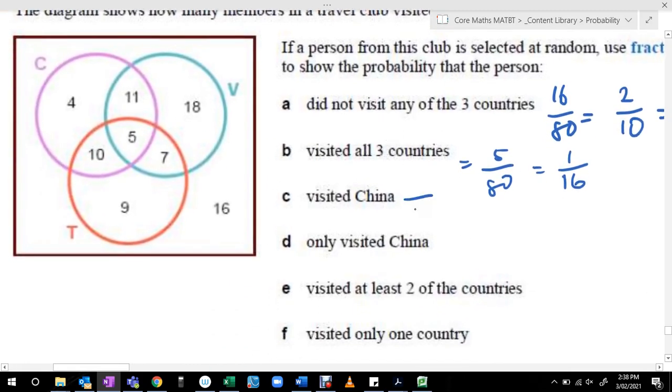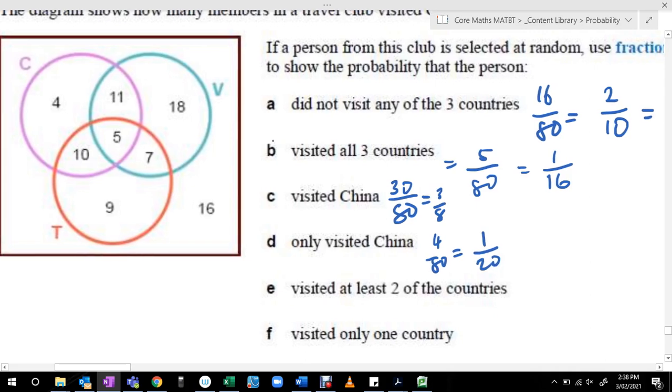Anyone. Good, anyone that's visited China. So that means you're adding all of these guys. So that'll be 15, 5, 30, good. 30 over 80, simplified to 3 over 8. Only visited China, so only China would be that 4. 4 out of 80, simplified to 1 over 20.